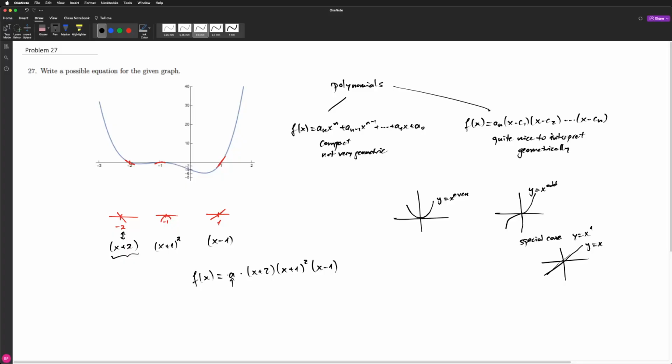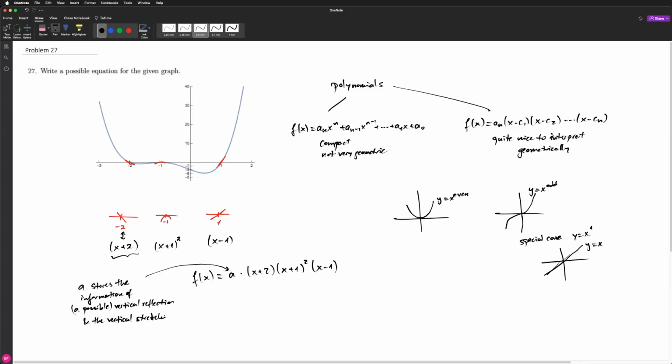A contains both of those pieces of information. Maybe I'll make a note here. A contains, stores the information of a possible vertical reflection and the vertical stretching.